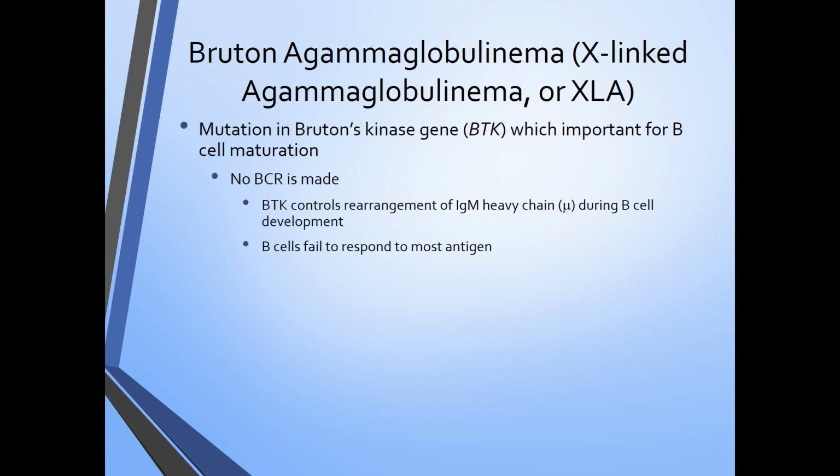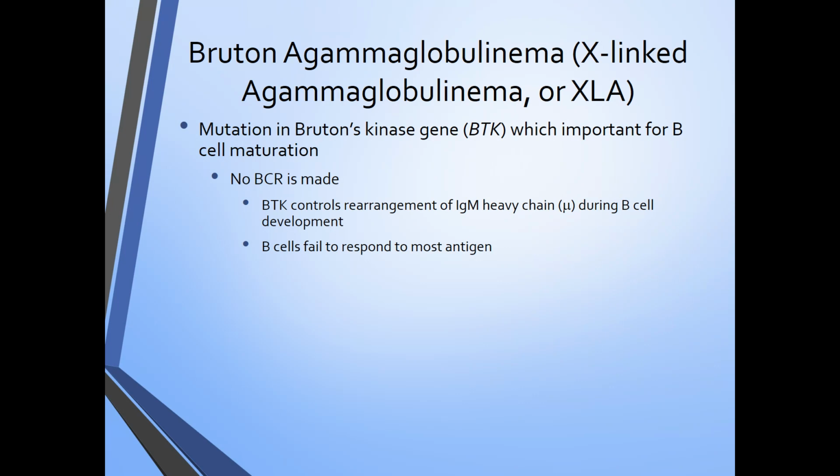Now you could have genetic defects that can interfere with B cell development. A good example is Bruton agammaglobulinemia, or X-linked agammaglobulinemia, or XLA. You'll see all those terms. It is a mutation in Bruton's tyrosine kinase gene, or BTK, and it's important in B cell maturation.